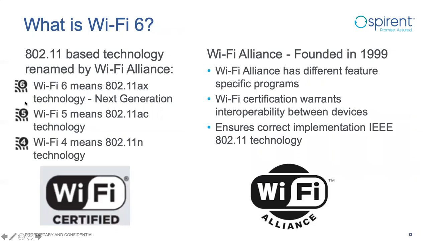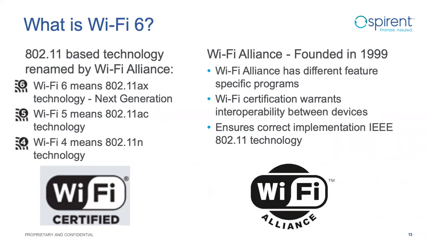So if you're new to Wi-Fi, you may wonder what Wi-Fi 6 means, and I'm using a couple different acronyms there. 802.11ax is the base technology by the Wi-Fi Alliance. So Wi-Fi 6 means 802.11ax technology. This is the next generation of access points and clients that you're going to see out there.